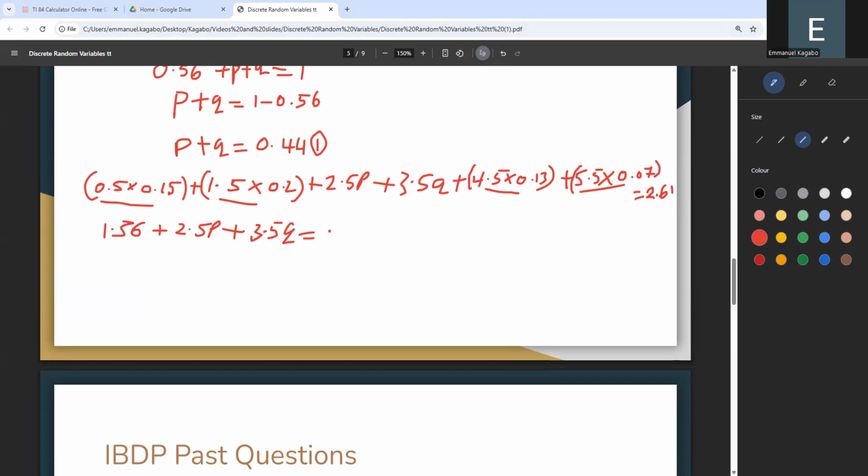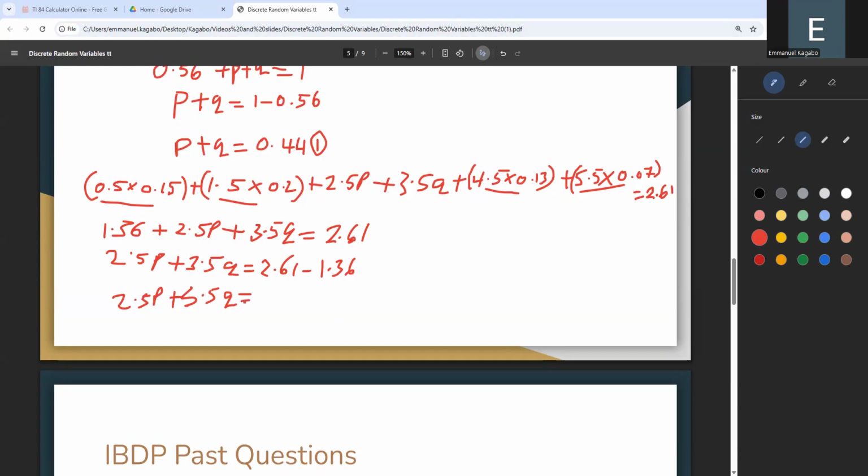If you have any problem, just write in the comment. 2.61. Collect like terms, I'll get 2.5P plus 3.5Q equals 2.61 minus 1.36, and you get 2.5P plus 3.5Q altogether, guys, I hope you understand.